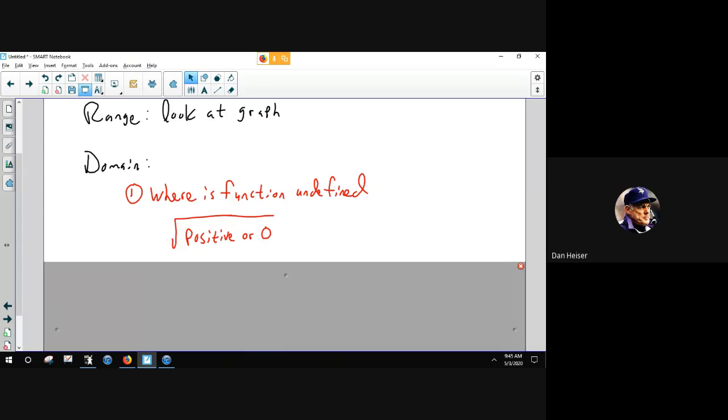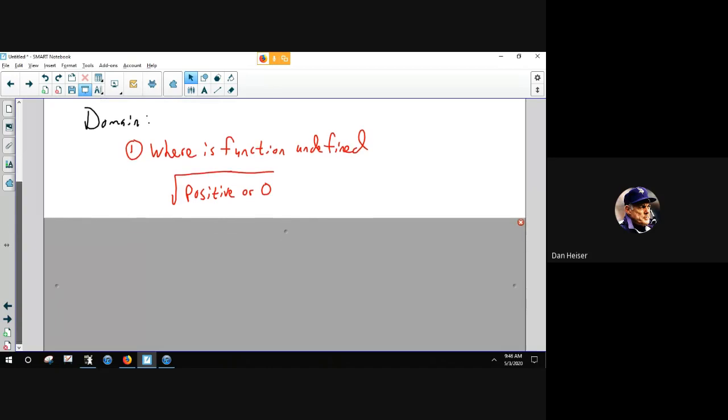We know that the inside has to be 0 or larger. Cannot have negatives inside a square root. When we are dealing with functions in this unit, we are not dealing with complex functions. So there will be no imaginary numbers. That's nice because that's going to help us with domains here. We know that everything that goes into a square root has got to be 0 or positive.